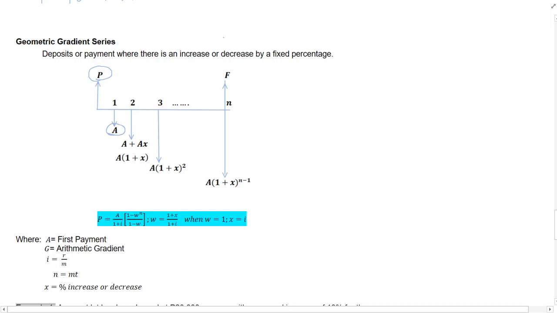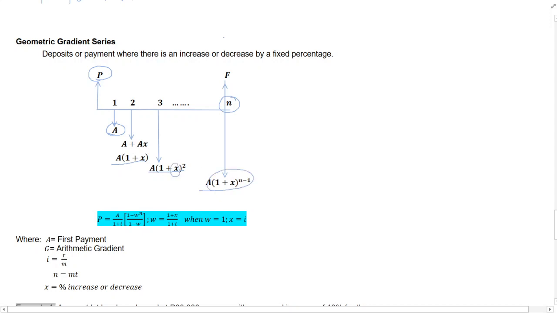For the second payment, let us denote that as A multiplied by 1 plus x. For the third year, that is 1 plus x raised to 2. For the fourth year, that is A multiplied by 1 plus x raised to 3, and so on until the nth year, that is A multiplied by 1 plus x raised to n minus 1.